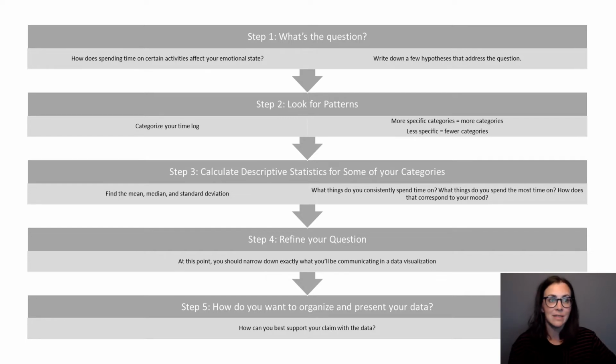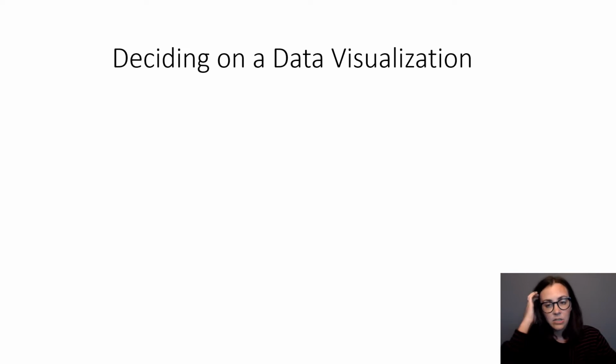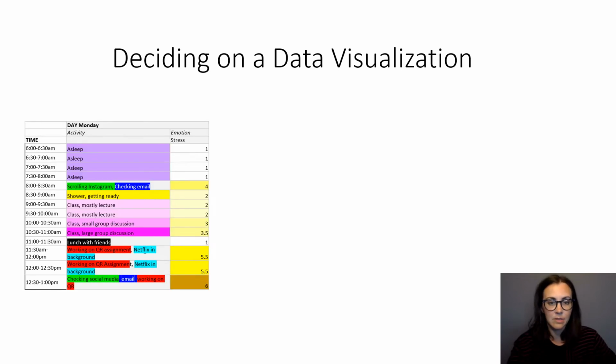So if you find that your activities and your emotional level are also correlated with the time of day, you might want to organize your data by that. If you find that there's some sort of pattern with where you are on campus, you might want to include that. So I'm also going to go over some basic types of data visualizations before we jump into some of the Dear Data examples.